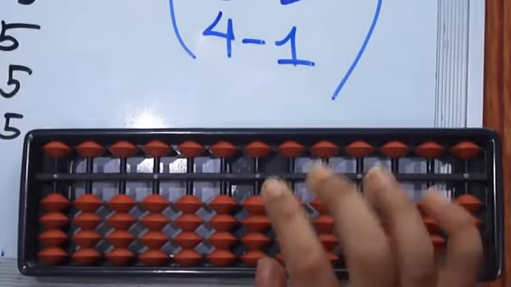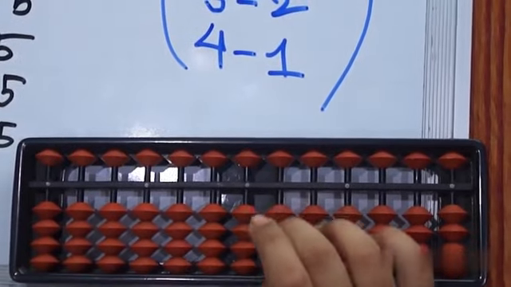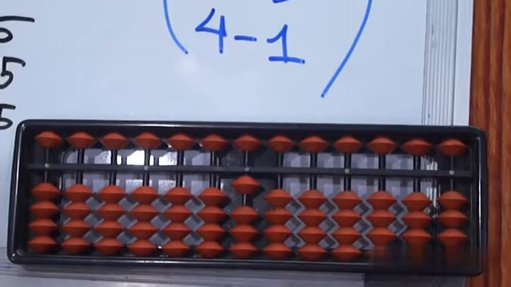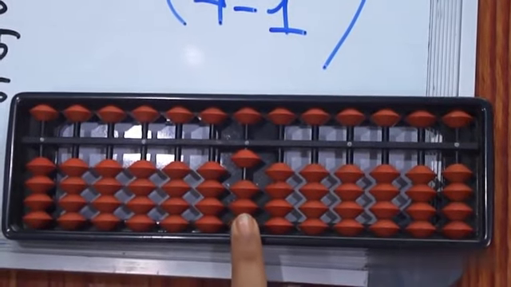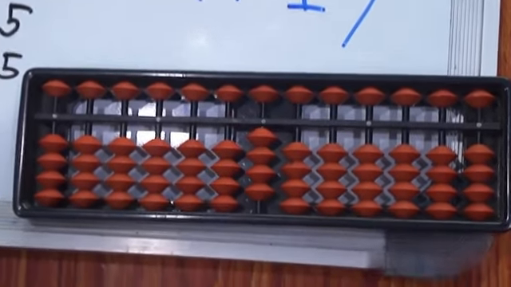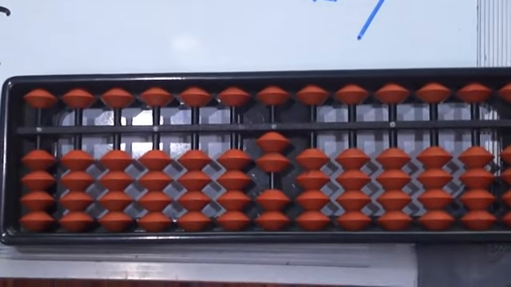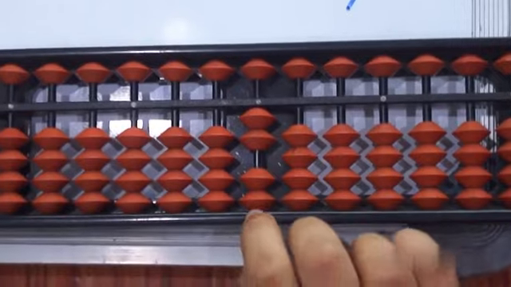I'm just going to be revising everything in the Abacus again. So we will be just revising all of it again. So 1, now how will I make this 4? 1 plus 3 beads, so 4. Now 2 beads. How will I make this 4? 2 plus 2, 4.